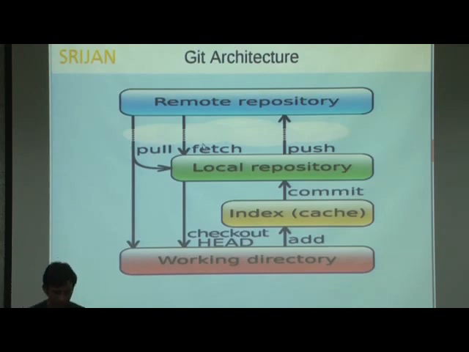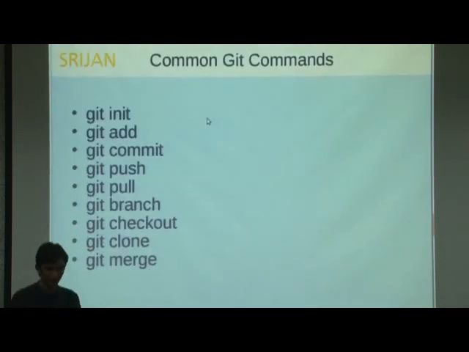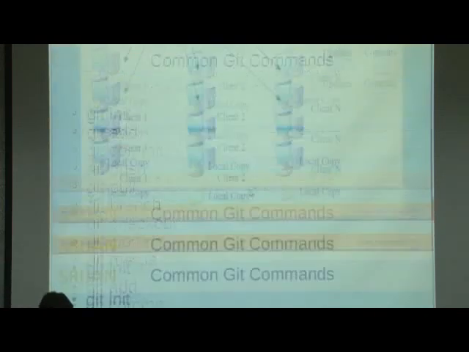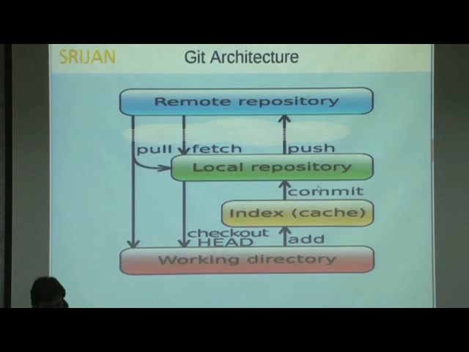So let's get our hands dirty now. These are some of the common commands in Git. Git init is used to initialize a repository. Then git add: we see a thing called index over here. Sorry, is this visible? Git add is used to put that piece of code in this cache, which we also call staging.